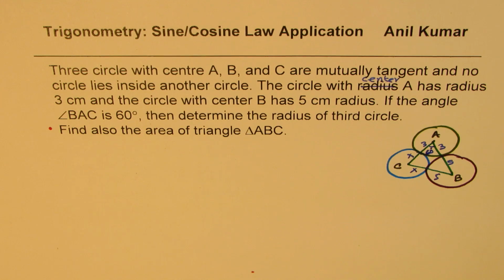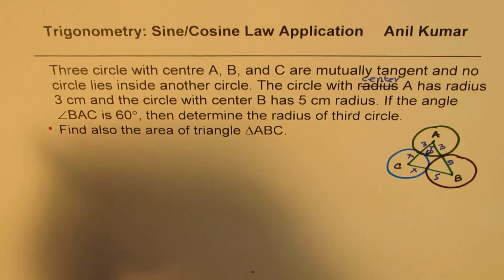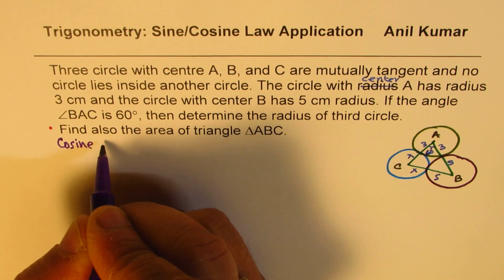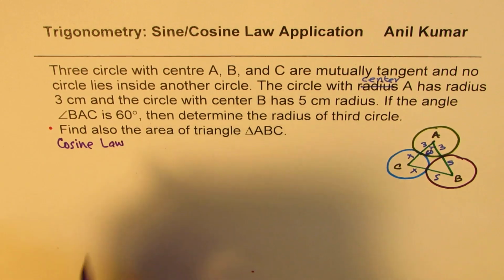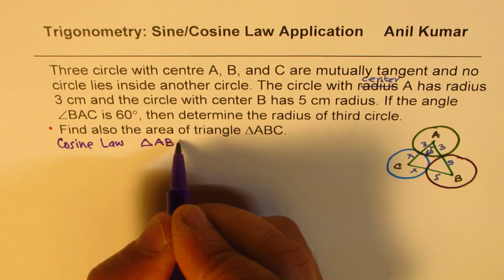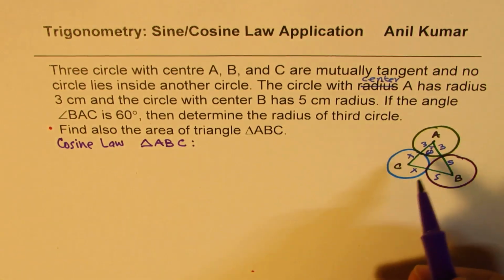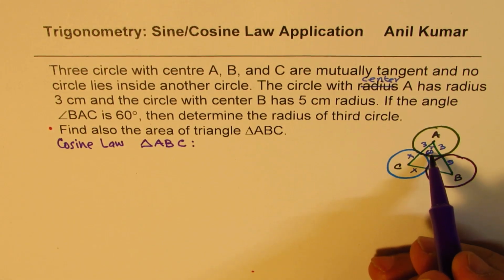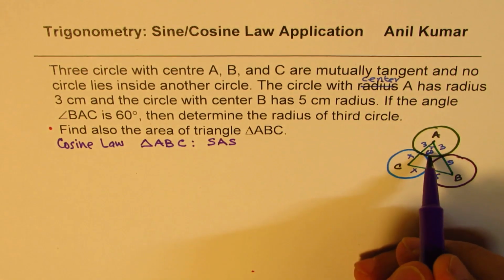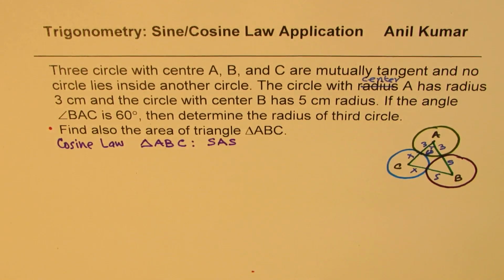So what we could do here is basically apply cosine law, right? So we'll start with cosine law. In the triangle ABC, we are given two sides and the included angle. We'll use SAS. So the included angle is 60 degrees, right?